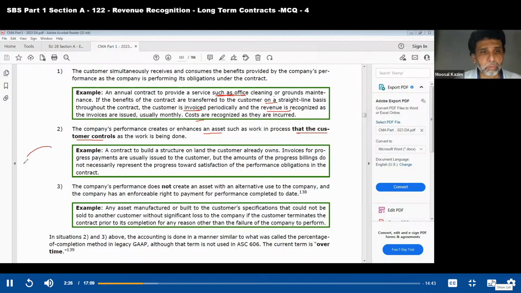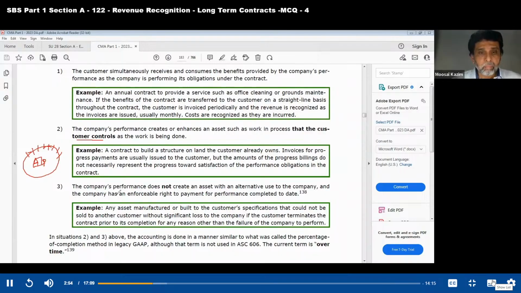I had given you, if you remember, a land where the customer owns a building and a fence is being constructed around it. As and when the fence is constructed and the performance is being done, the contractor can recognize income. So that's the second condition.